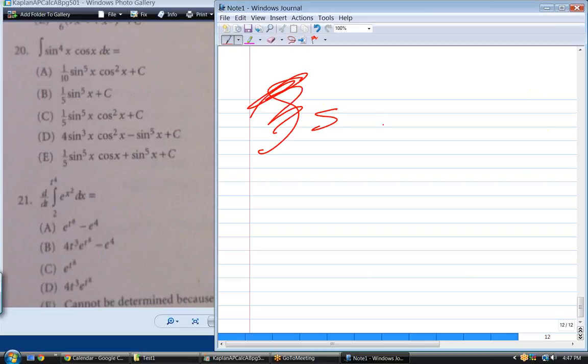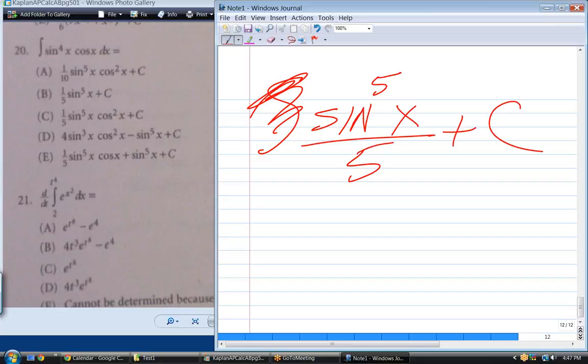In other words, the answer is sine to the 5th of x divided by 5 plus c. I can go straight to the power rule as long as I am looking at a composite function where the derivative of the inside is next to it.